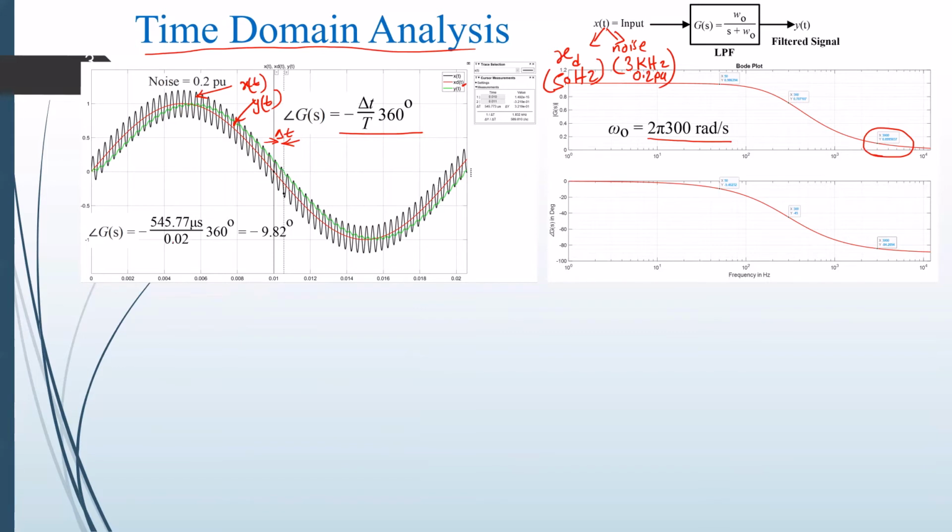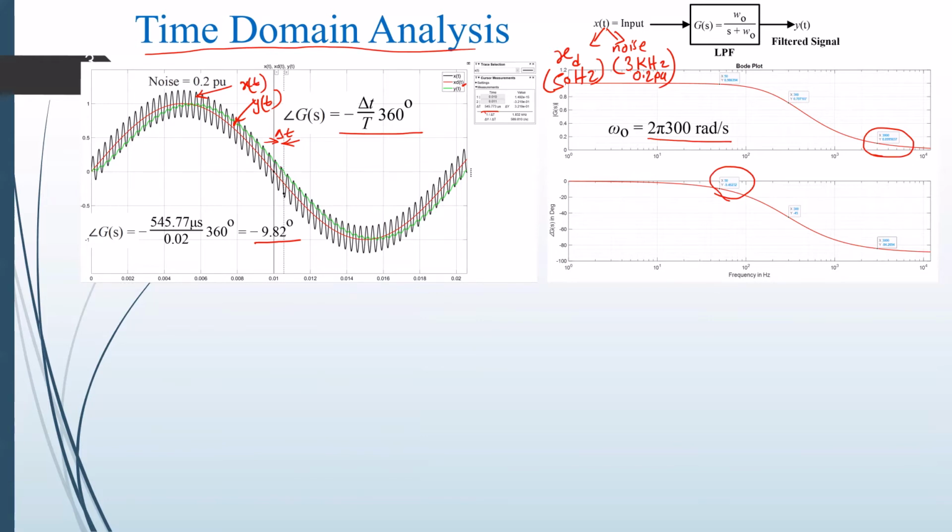Okay, and using this example, I have used the MATLAB scope cursor, and then you can find the delta T here. Using that delta T, I tried to find the angle, and it is minus 9.82 degrees, which you can see is again matching with this one.